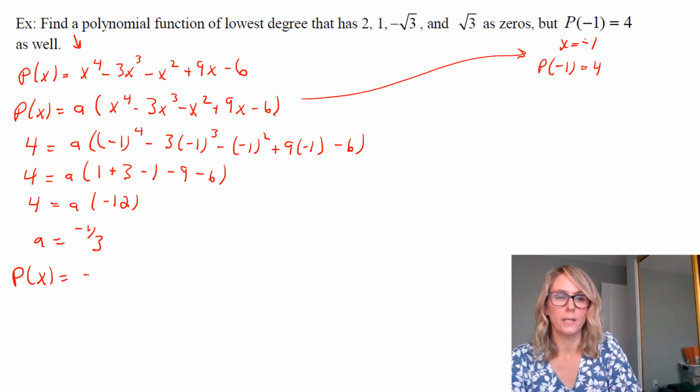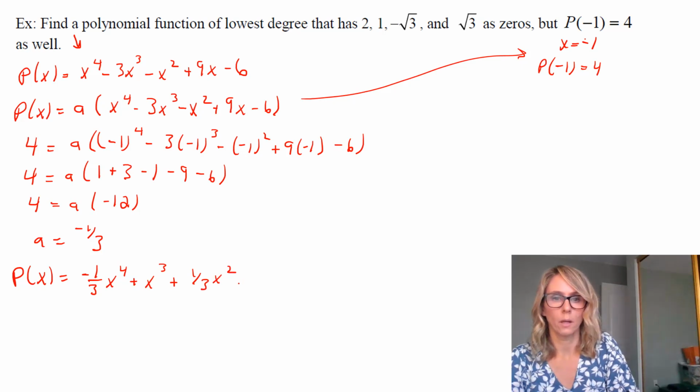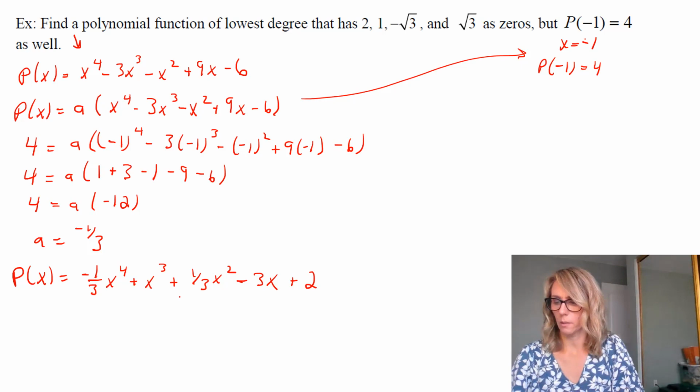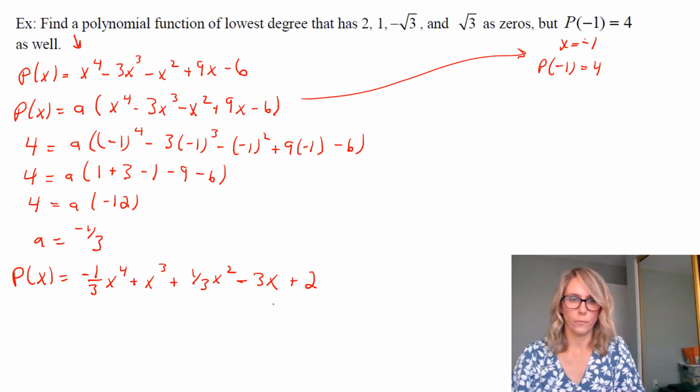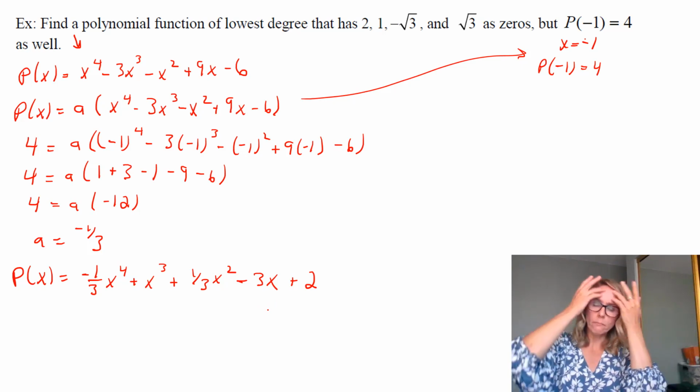So I should have -1/3 x to the 4th plus x cubed plus 1/3 x squared, nope, minus 3x plus 2, it looks like. Let me double check that with my notes. Looks good. Okay. And so that's it.